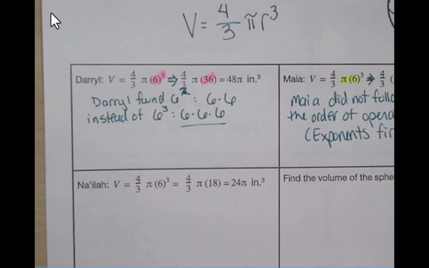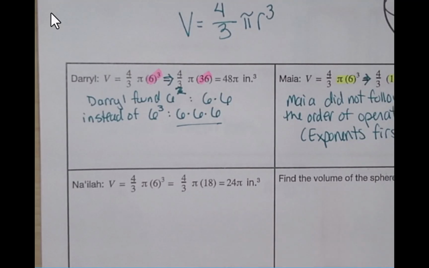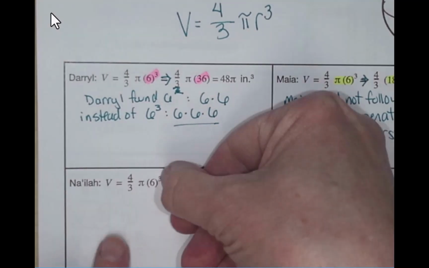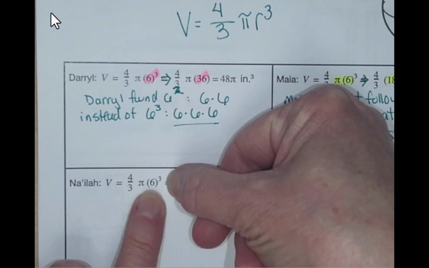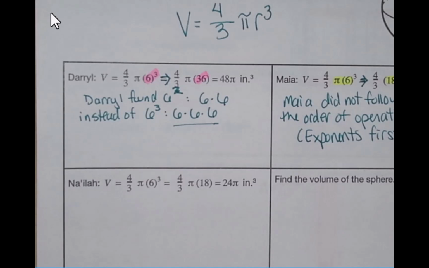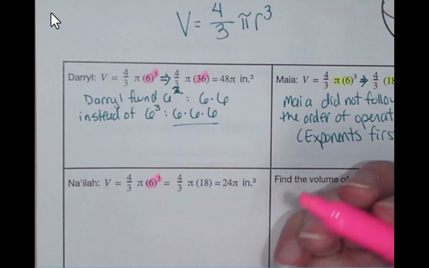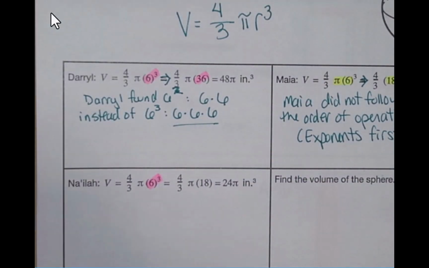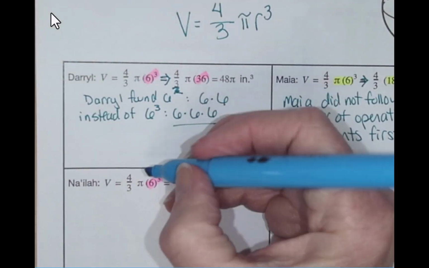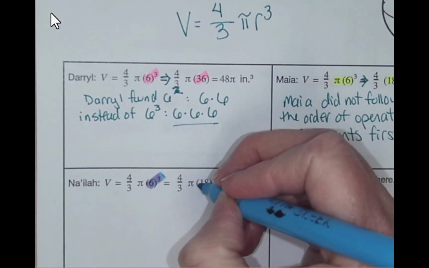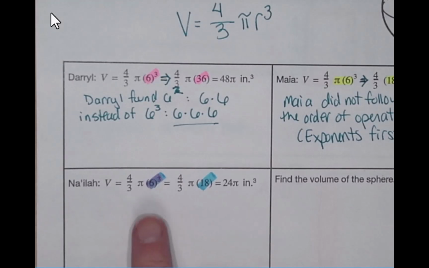Oh, all right. Let's find out what Nyla did. Once again, substituted in that 6, perfect. What might have been the problem here? Got 4/3 pi times 18. Where did the 18 come from? Can you figure it out? This is a really common mistake, actually. Oops. Here I am trying to vary my highlighter colors. Do you see what she did?